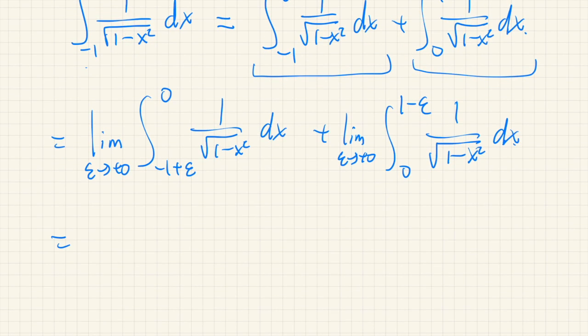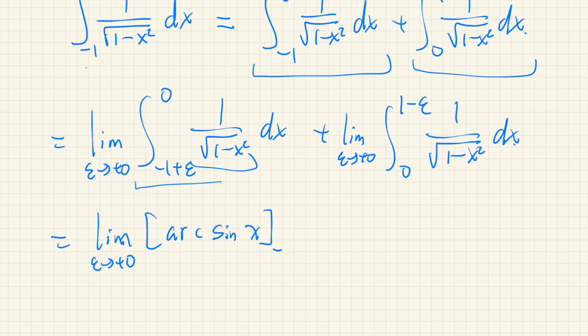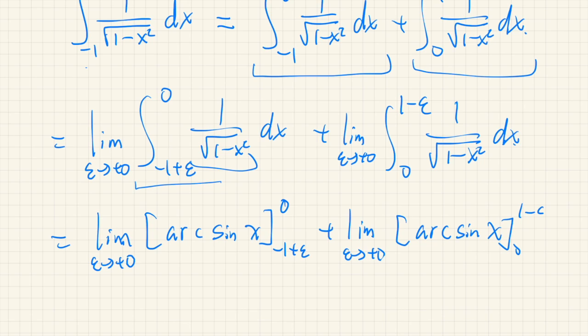Okay, now we know the antiderivative of this function, which is arc sine. So we have the limit of arc sine x from negative 1 plus epsilon to 0, with epsilon going to 0 from the right, and arc sine x from 0 to 1 minus epsilon.